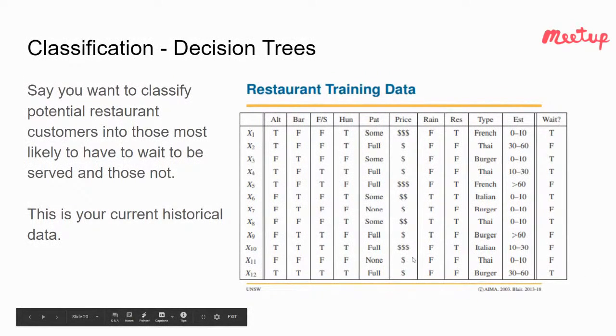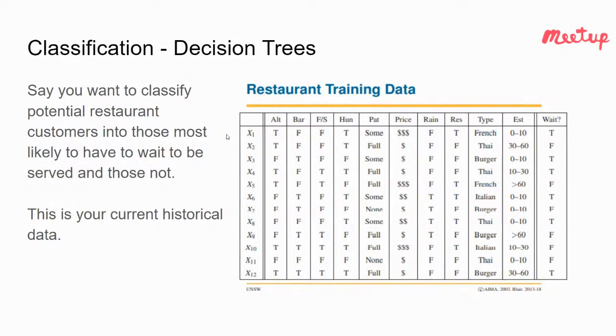The next one we'll talk about is called classification. So there are different techniques for doing classification. Possibly the most intuitive one is called decision trees.